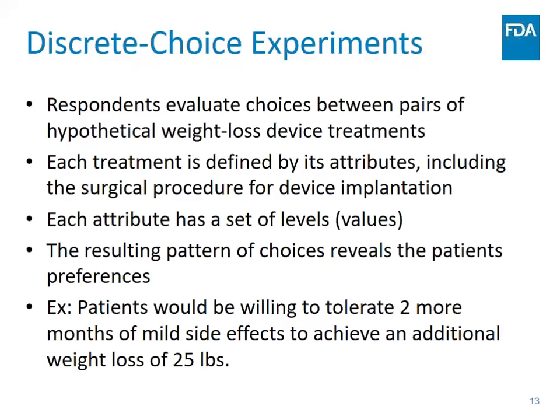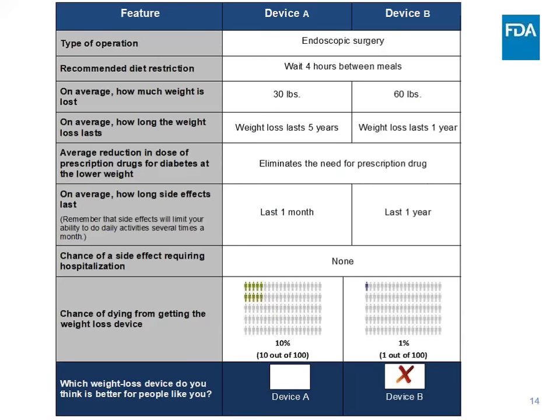For example, using this quantitative format, we can estimate and make the following statement: the patients would be willing to tolerate 2 or more months of mild side effects to achieve an additional weight loss of 25 pounds.